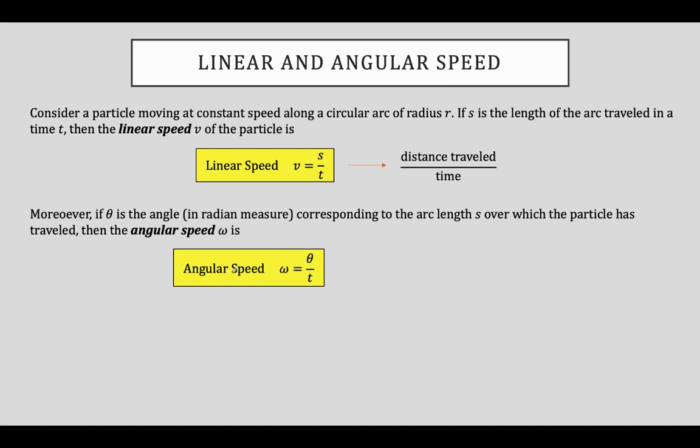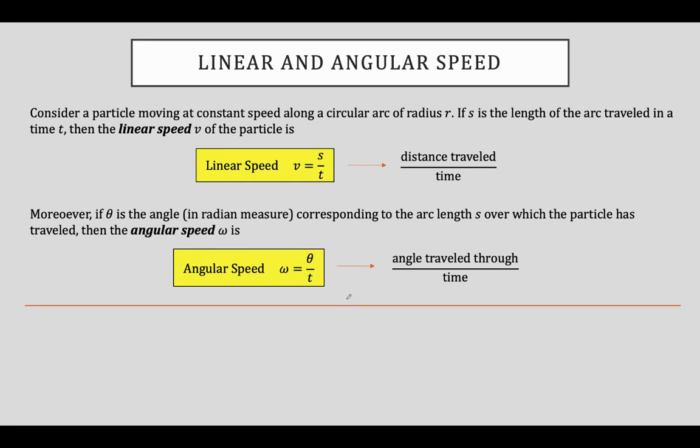When you see the word angular speed, the key word is angle. Instead of a distance divided by time, we take the angle which we rotate through and divide it by time, theta over t. Very important that theta is measured in radians here.